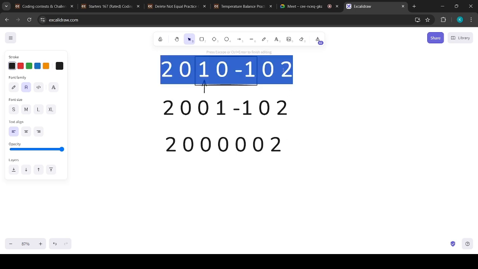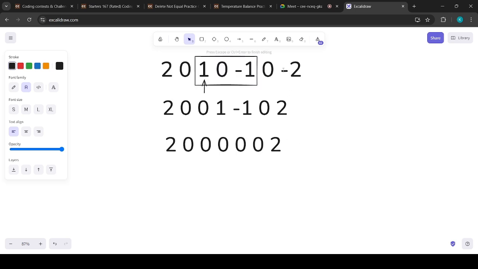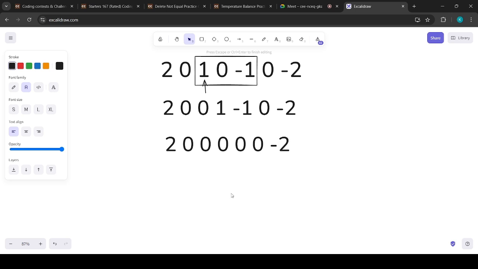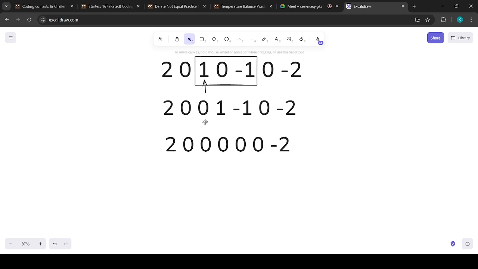Okay, in this it is -2. Sorry for that. Because in the question they have told that the sum of all the numbers in our array is 0, so we have to take it accordingly.